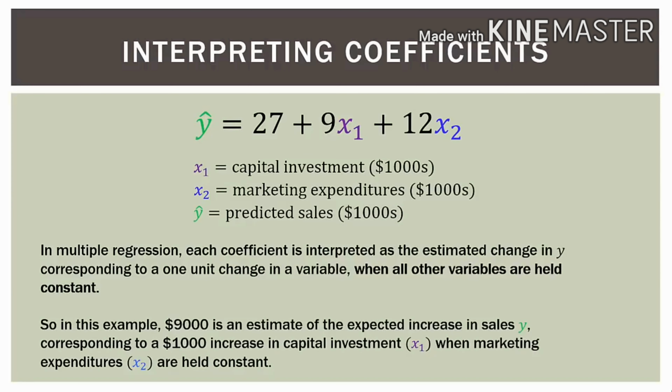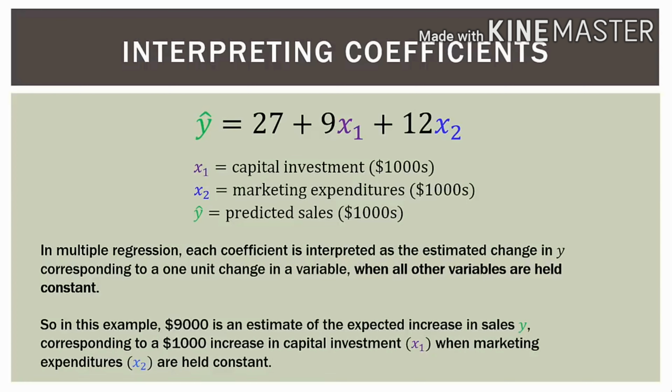In this example, $9,000 is an estimate of the expected increase in sales, which is y, corresponding to a $1,000 increase in capital investment, which is our x1 up there. Remember, everything's in thousands of dollars, so I'm just making sure it's actually in dollars here at the bottom. Well, why is that?